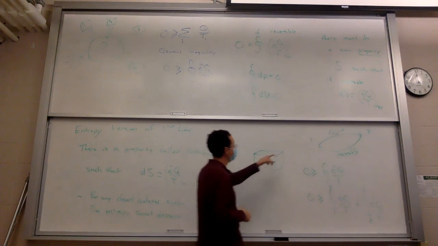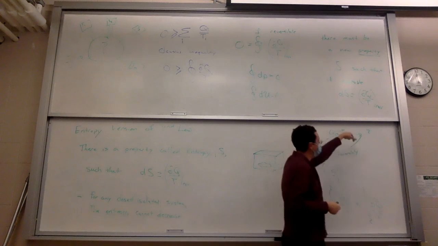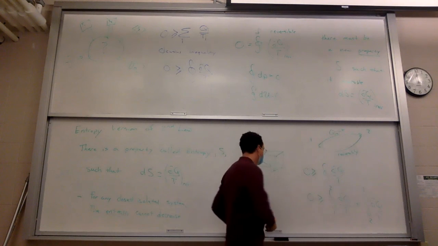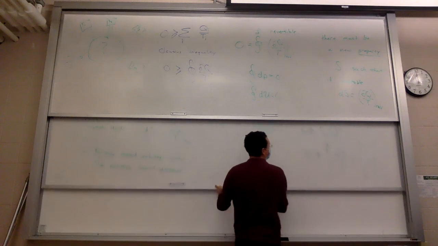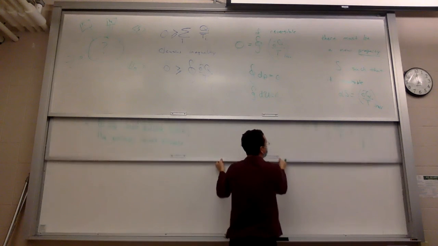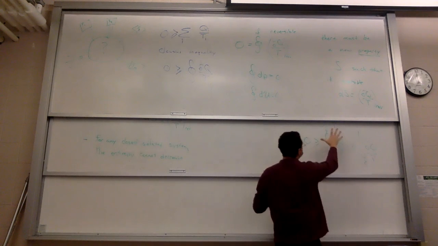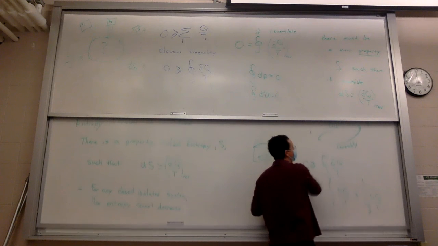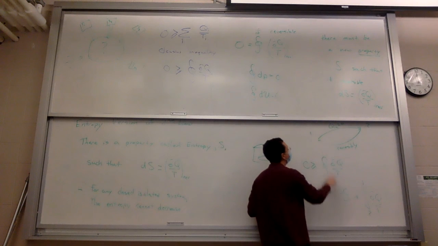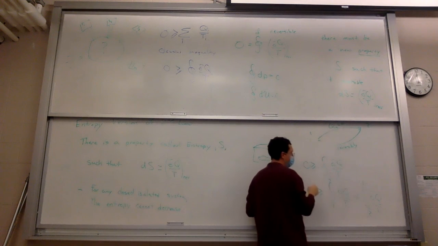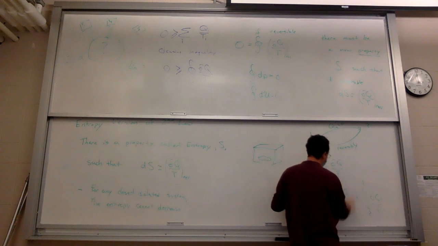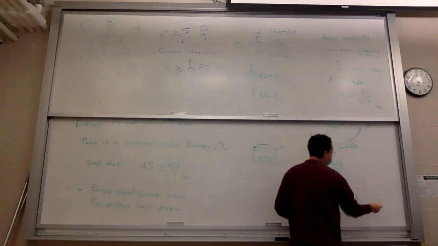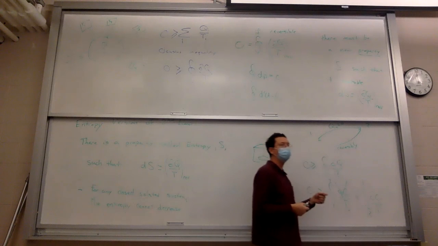I'm integrating around a closed loop, and I just break it up into a forward and a backward integral. From 1 to 2, the heat was 0. And 2 back to 1, the heat was reversible.